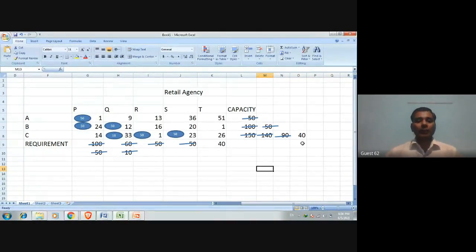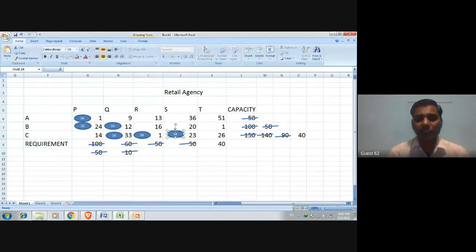Now the requirement of T is 40 units, and how many units are left with warehouse C? That is 40 units. So all the left 40 units will be allocated to the retail agency T.